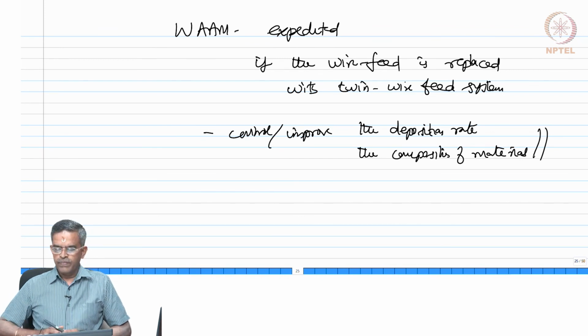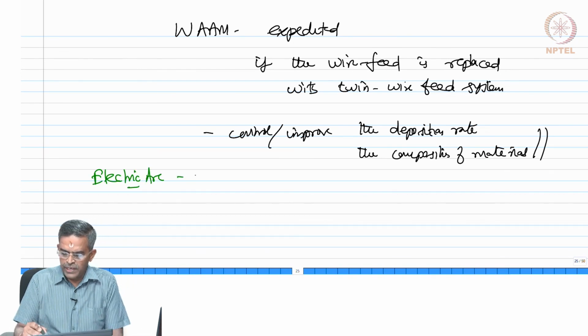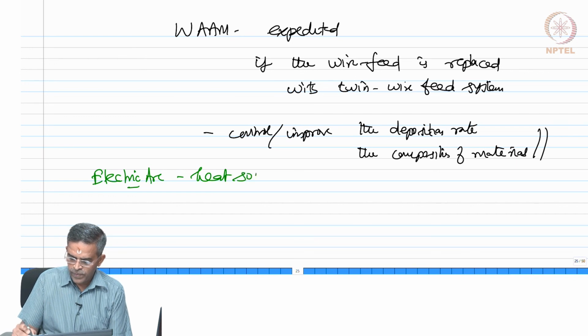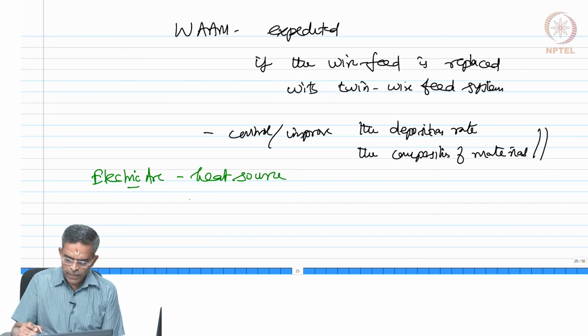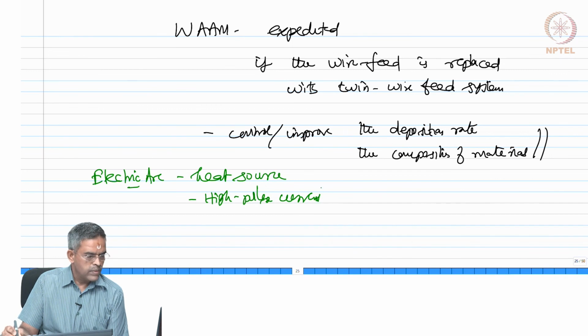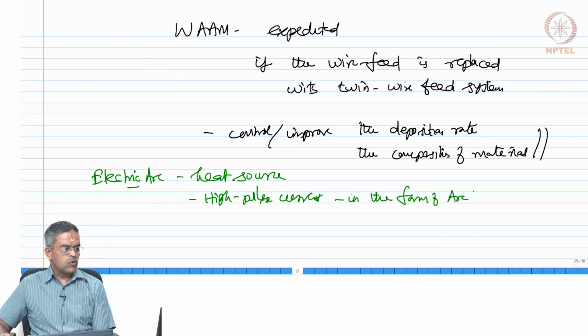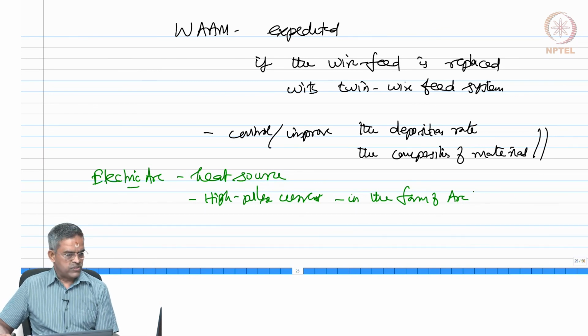As I told you, electric arc is used as a heat source. It supplies high pulse current in the form of an arc between the electrode wires and the substrate and makes the deposition.